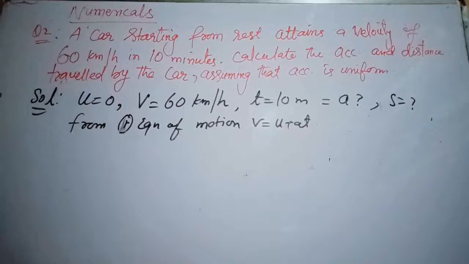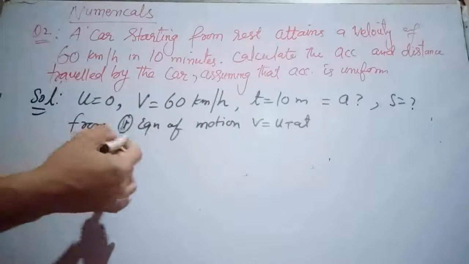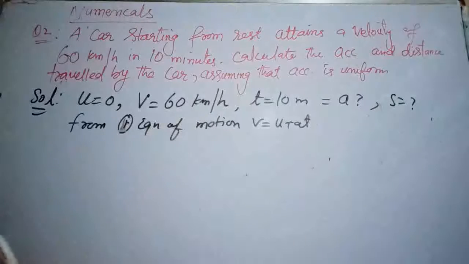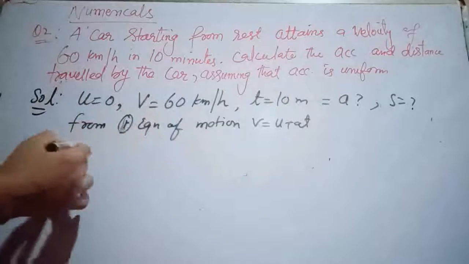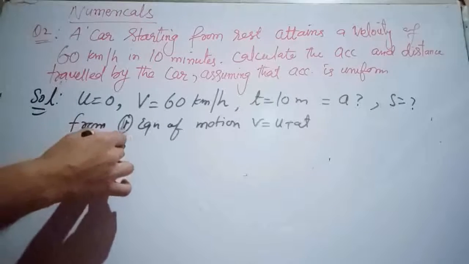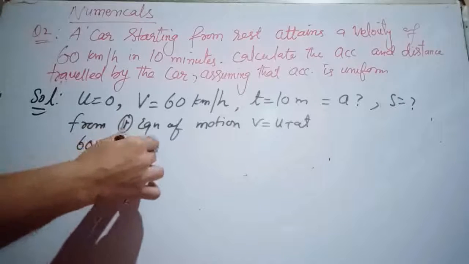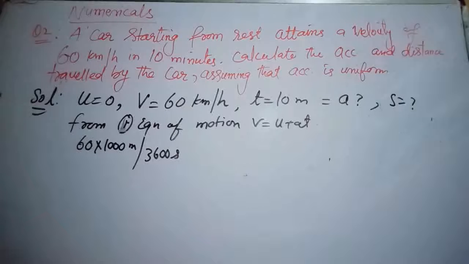So I can write here 60 km per hour. I can convert this kilometer per hour into meter per second. If you convert this, I will get 60 multiplied by 1000 meter divided by 3600 second. I can convert like this.